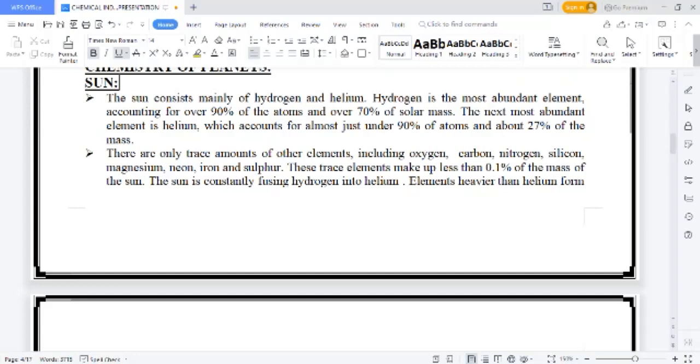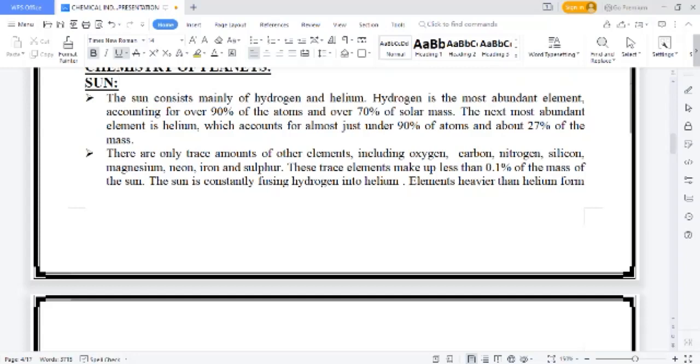The next most abundant element is helium, which accounts for just under 10% of atoms and about 27% of the mass. There are only trace amounts of other elements, which include oxygen, carbon, nitrogen, silicon, magnesium, neon, iron, and sulfur.